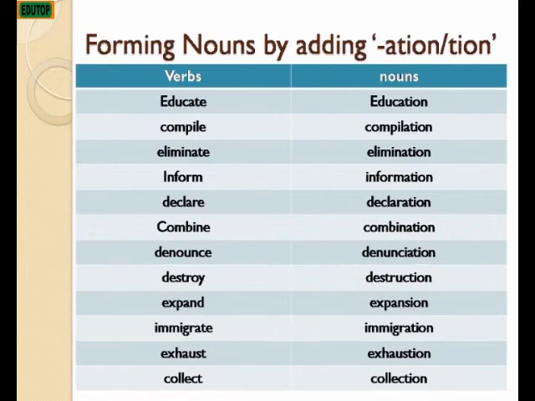We can also form nouns by adding ation or tion.